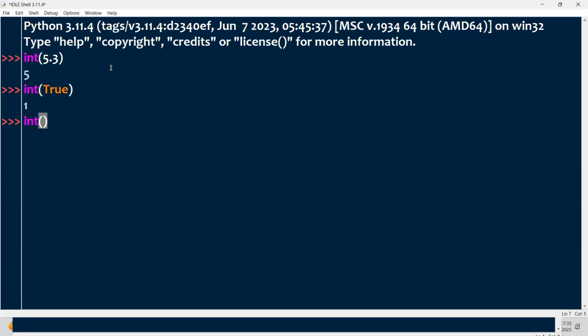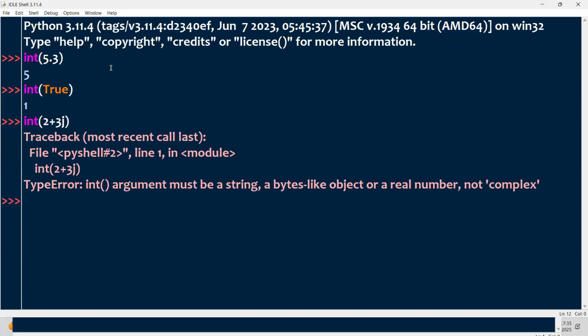Next, can we convert complex data? This is not possible. 2 plus 3j we cannot convert into integer type. Same way, string. Suppose I take here Python. Can we convert this string into integer? How can you convert?